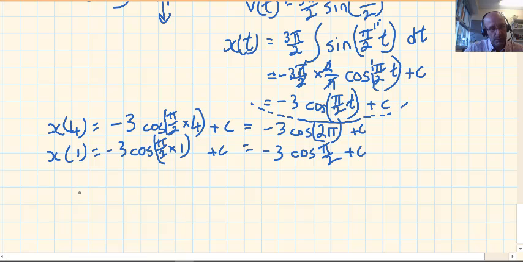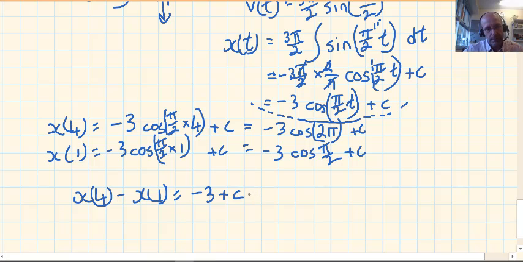So the displacement is the change in those two, the final minus the first. We have negative 3. Now cos of 2 pi is the same as cos of 0, which is 1. So we have negative 3 plus c. Now x of 1: cos of pi on 2 is 0, so we just have 0 plus c.